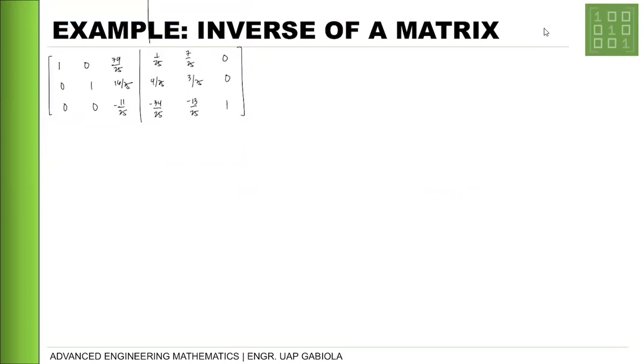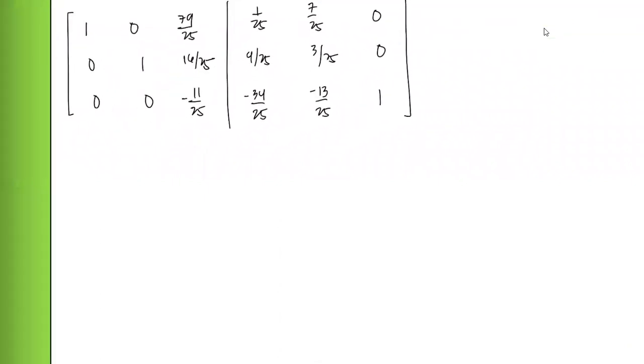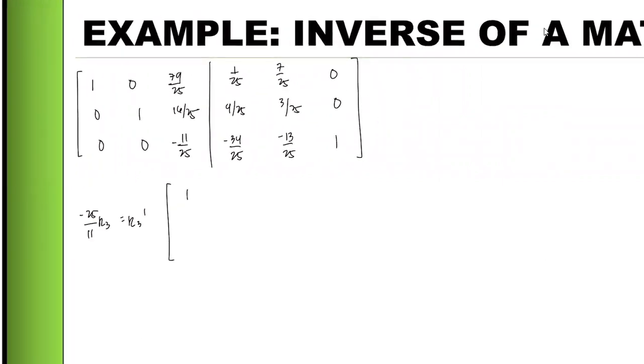Ayan, so ito yung pinanggalingan natin. Okay? Ngayon, kailangan natin yung ito maging 1. So, para maging 1, kailangan multiply natin ng inverse niya, no? Yung R3 para sa bagong R3 natin. Okay? So, meaning, ito is kopyahin lang natin.